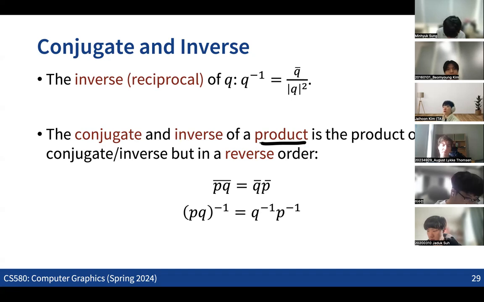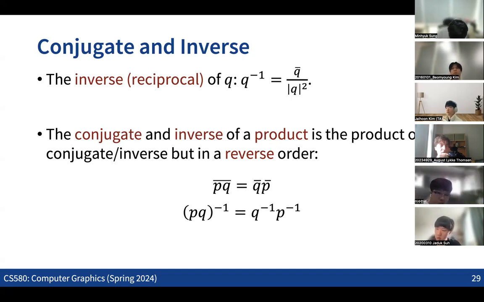We see this for the inverse of matrix products too. So it is the same in the quaternion case: the conjugate and the inverse of a product of quaternions become the product of the conjugates and inverses in reverse order. These are all things we can derive from the essential properties discussed in the previous slide. Any questions on this?